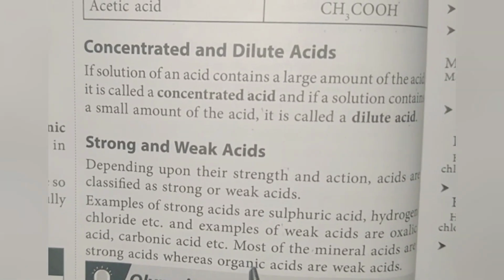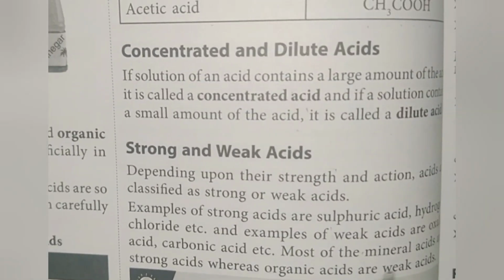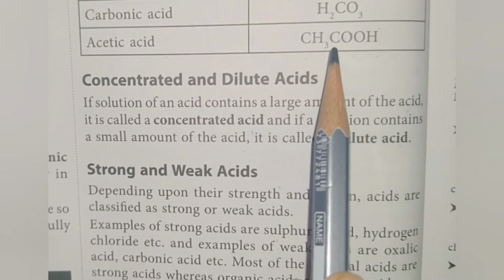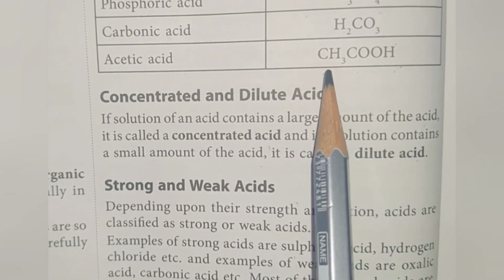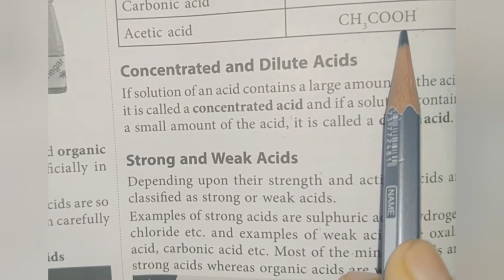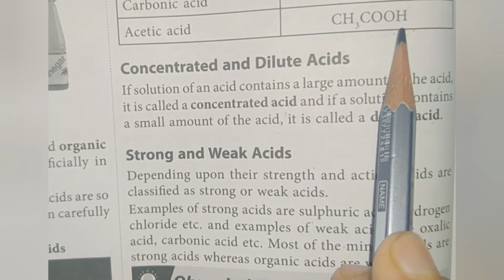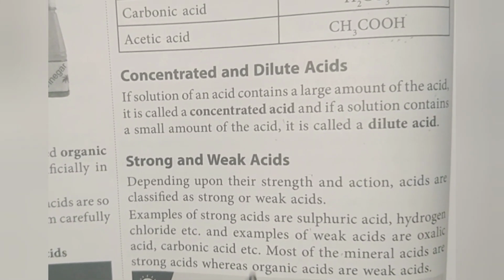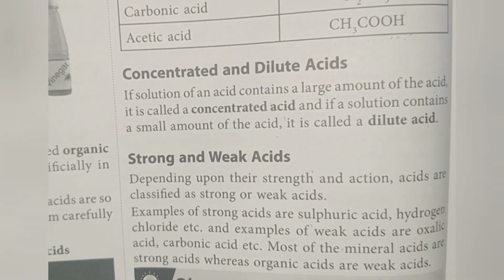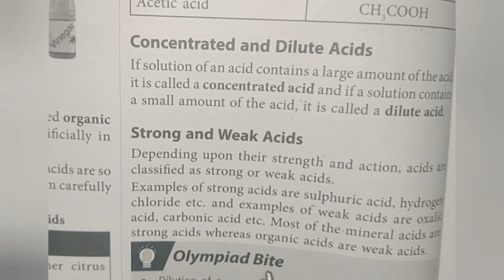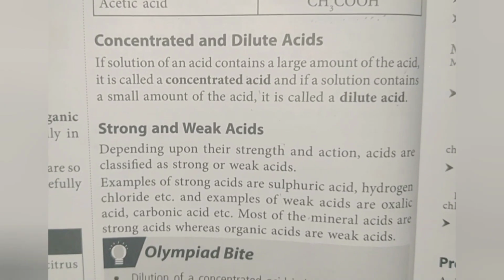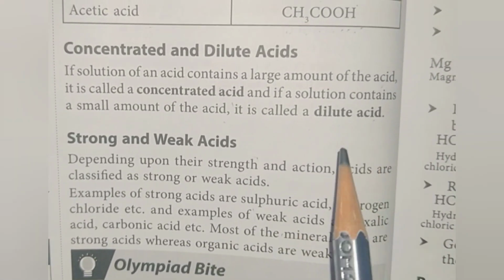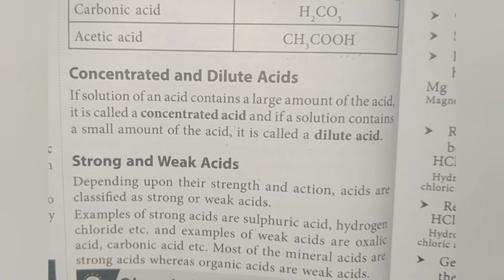So it is a strong acid. While acetic acid has 4 hydrogen atoms but it ionizes only 1 hydrogen atom in aqueous solution, so it is a weak acid. So strength, strong or weak, depends on the degree of ionization. Got my point?